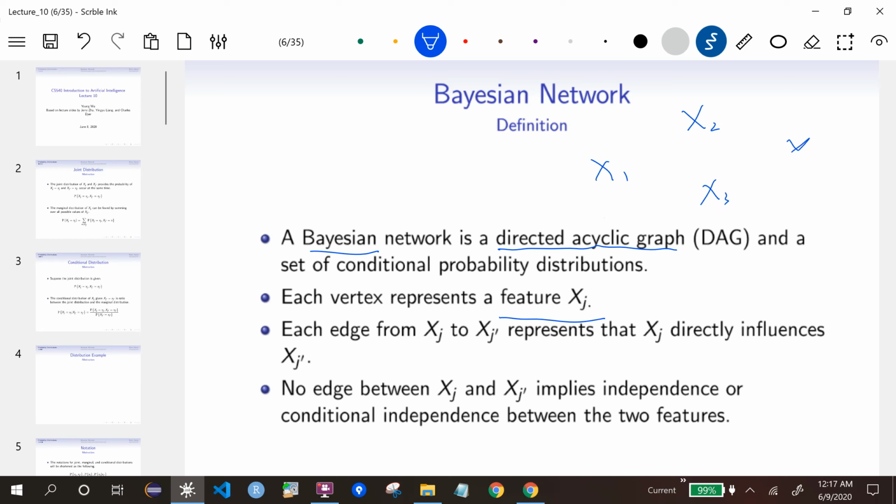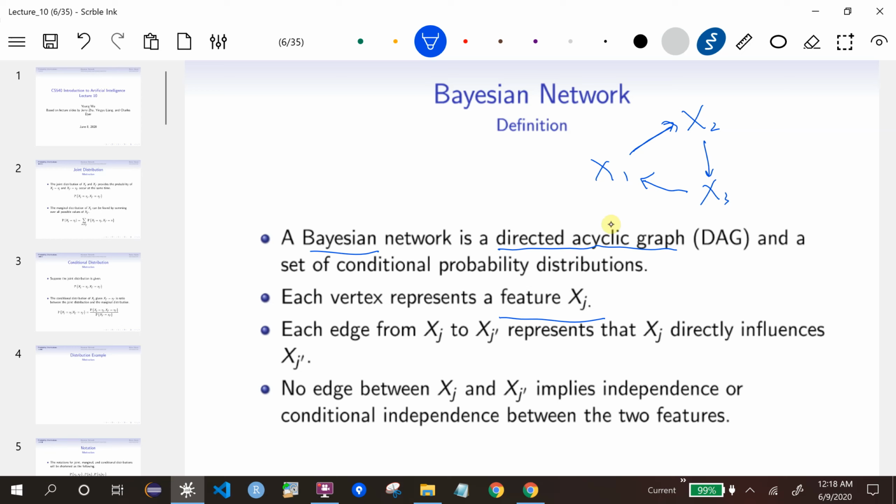We can actually have the label as one of the features, but we will not introduce the label first. By the end of this lecture, I will go back and introduce the label. Here, we'll just assume the features are related, but not in a way that forms a cycle. So when I draw an arrow or an edge, it means x1, this feature, directly influences x2, the other feature.